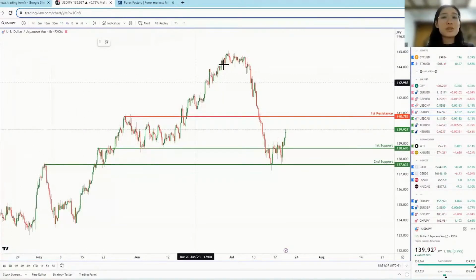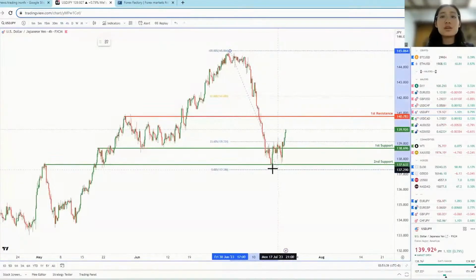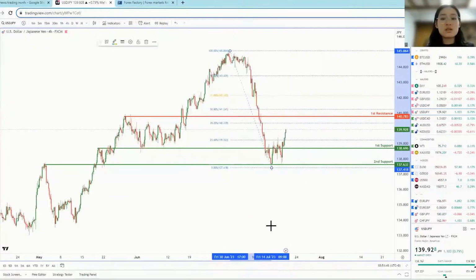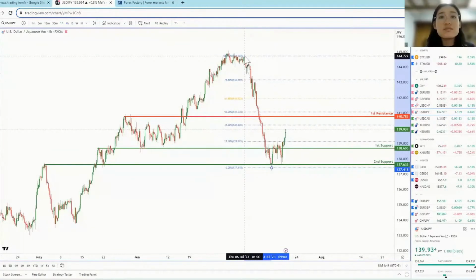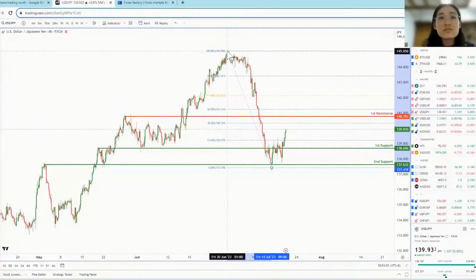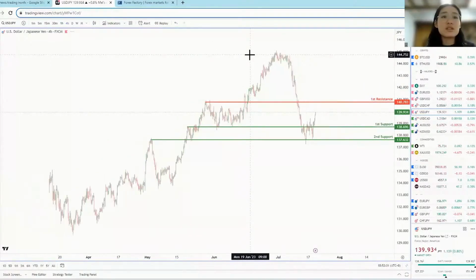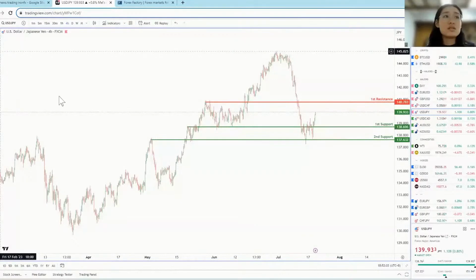So now I'm gonna go in with my Fibonacci levels. Okay, none of these levels really line up with any of my levels, so I'm just going to get rid of it.